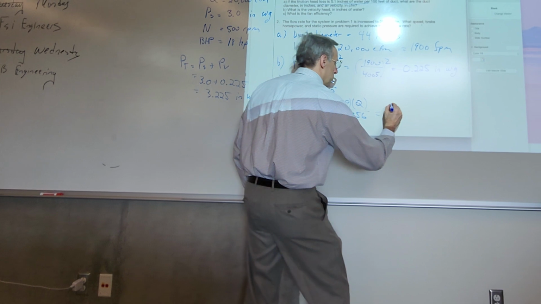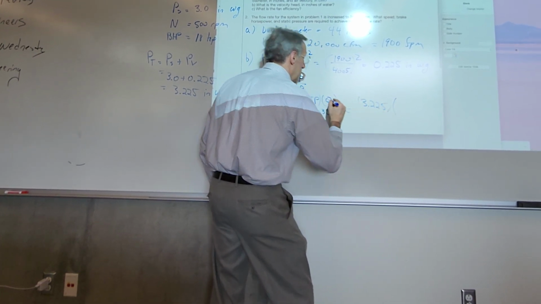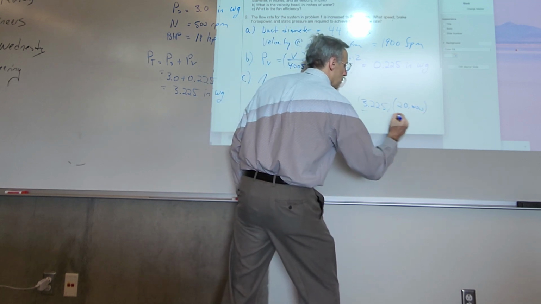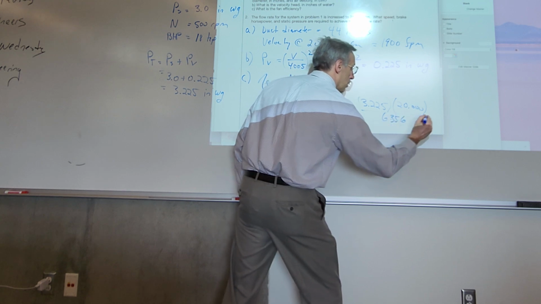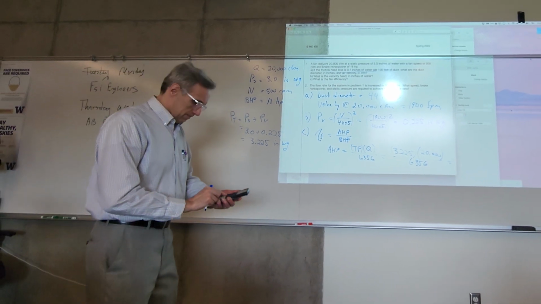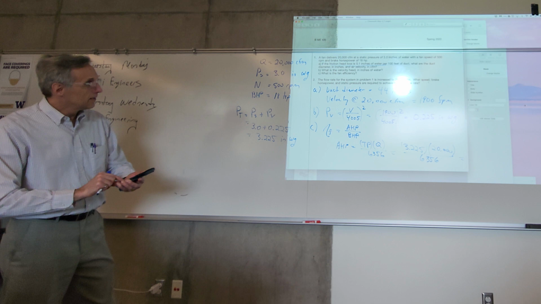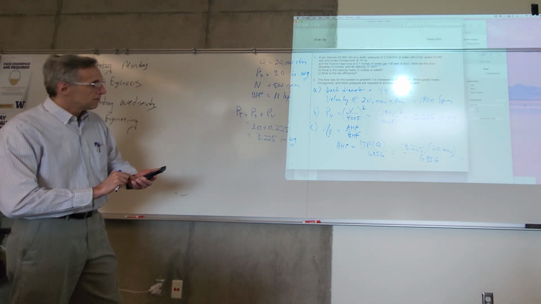So we can come over here, 3.225, and Q is 20,000. And this gives us, let's see, I think it's about 10, if I remember.